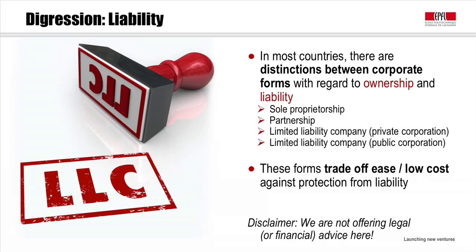So you're the only owner, and anything that happens with that company goes back to you as the individual. Now, you can also have a partnership. Some partnerships have limited liability, some have unlimited liability. Many partnerships are unlimited in liability, where all the partners are jointly liable for any problems that occur with the partnership, but not all. So check the details.